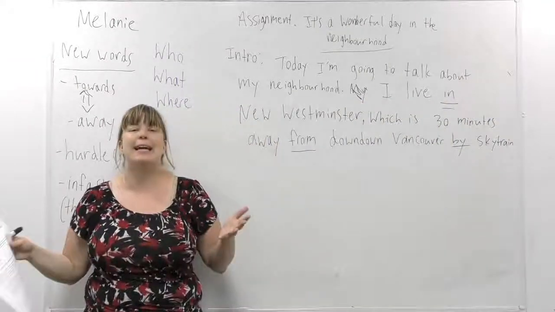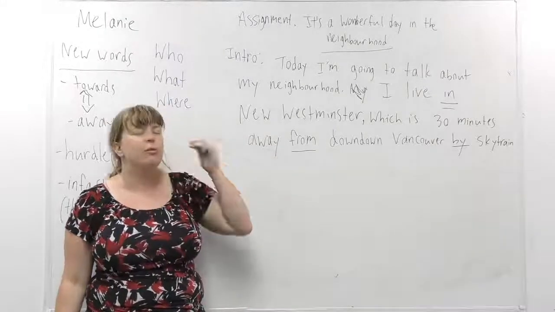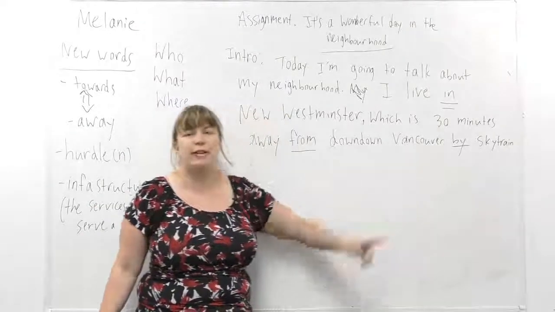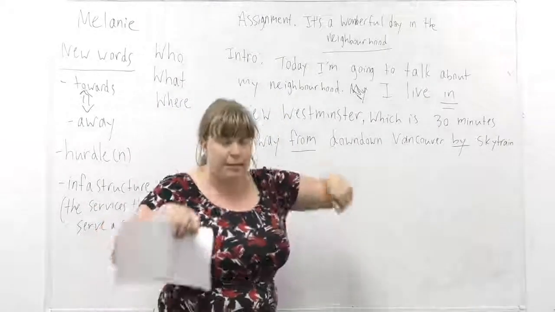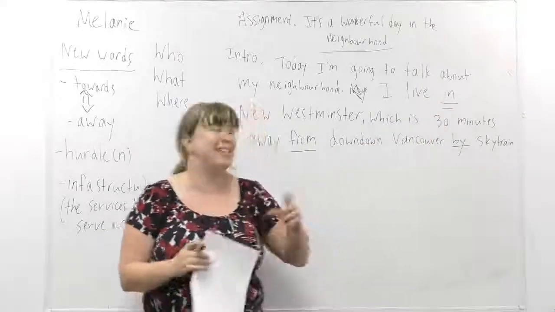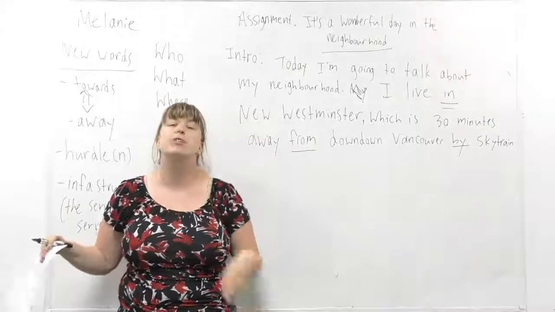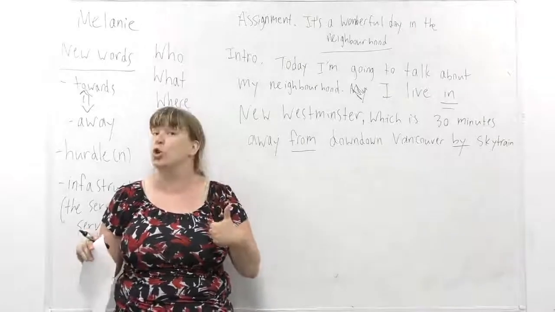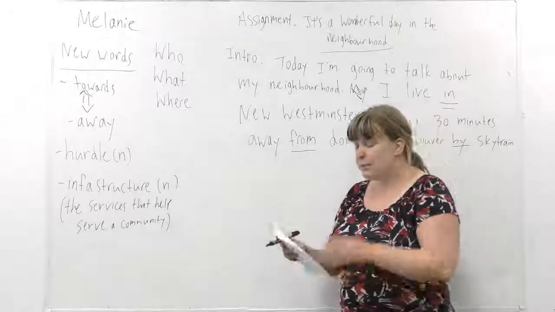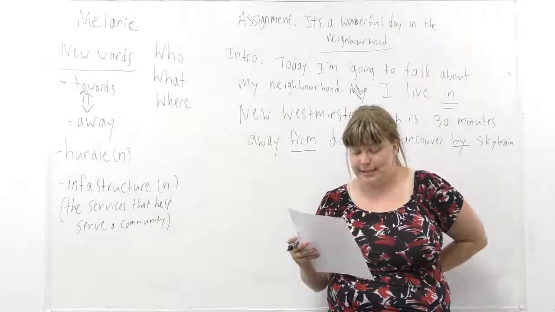I'm just giving you an idea. I'm describing where my city is. So it's 30 minutes from downtown Vancouver by SkyTrain. So that means you hop on the SkyTrain, you ride it for 30 minutes, and boom, you're in New Westminster. Ta-da! You should go there sometime. New Westminster is cool. I think it's cool, at least. Okay, so what's next? So now you know where New Westminster is.